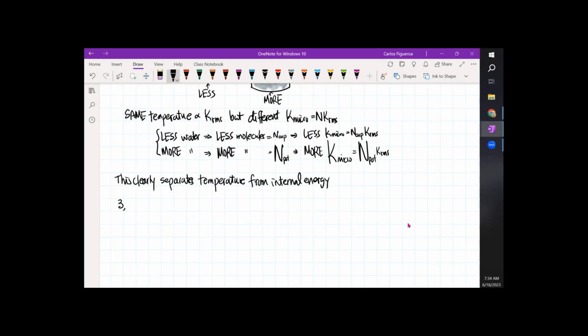Now let's talk about specific heating here. So specific heating is the energy transfer from high to low kinetic energy regions, right?